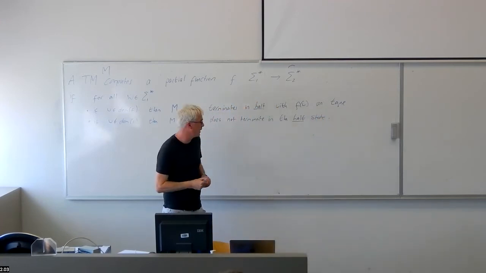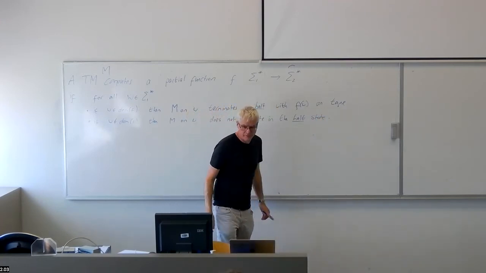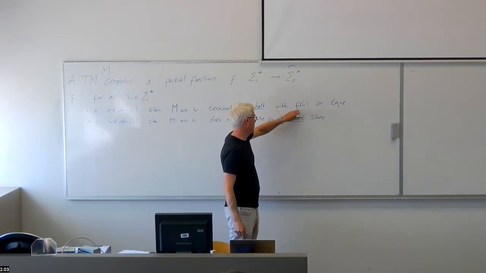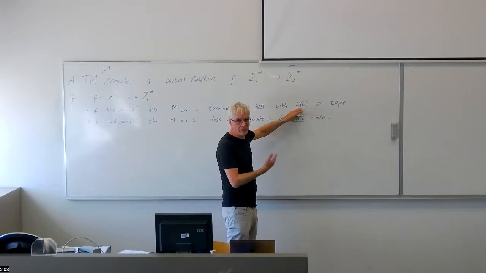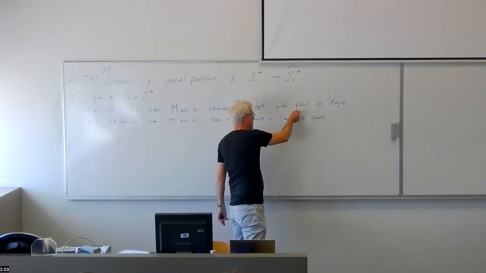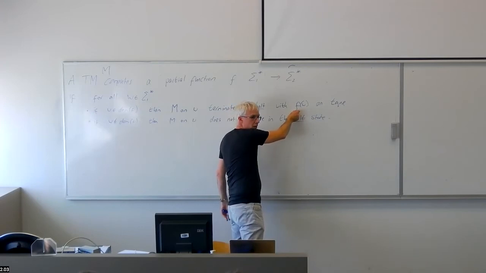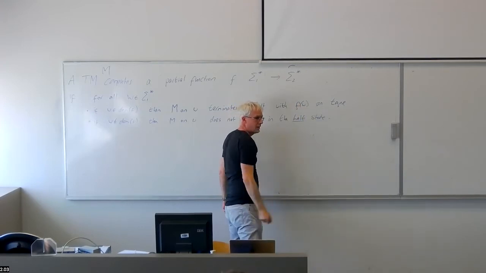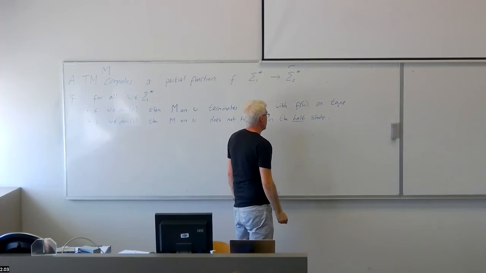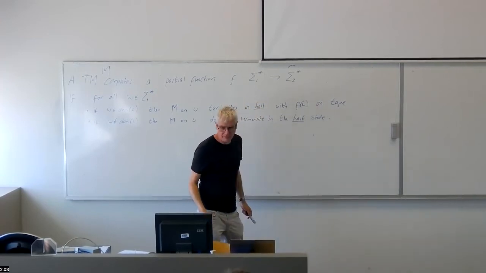And this is basically exactly as it was before. As before, we require, when we get f of W on the tape, that it's the only word on the tape, and moreover, the head position is at the leftmost character of this word, unless it's the empty word, in which case the head position is pointing at the empty square. But this is exactly what we had before.